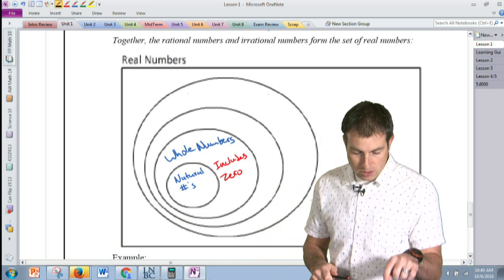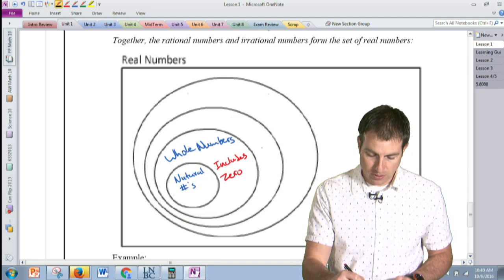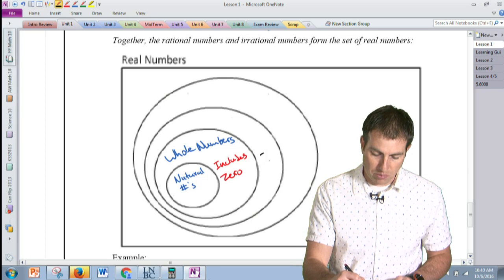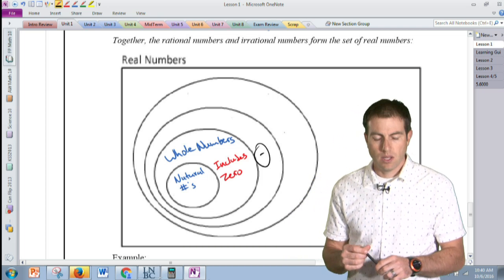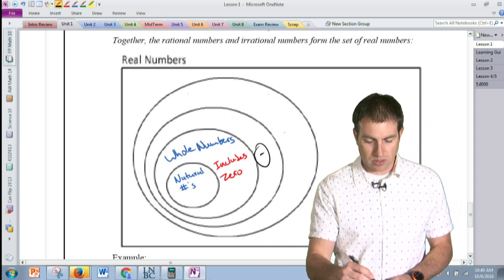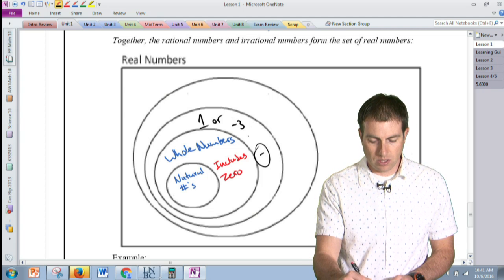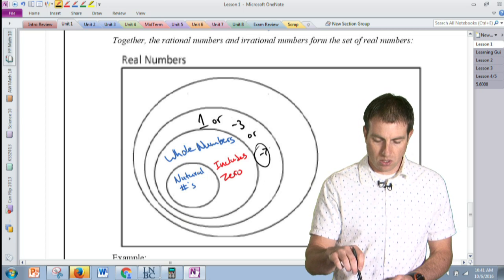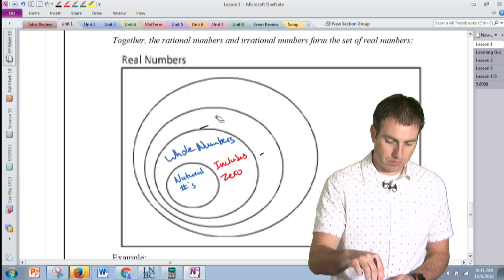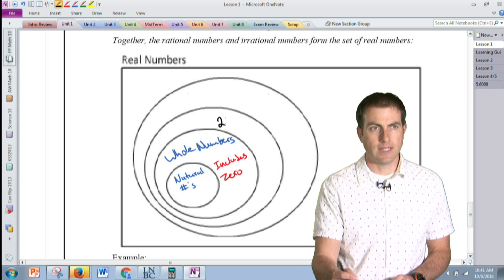The next one is where we started to include negative numbers, negative values. Does anyone remember what we call positive values and negative values? If I had like 1 or -3 or -7, I could put 2 here too.